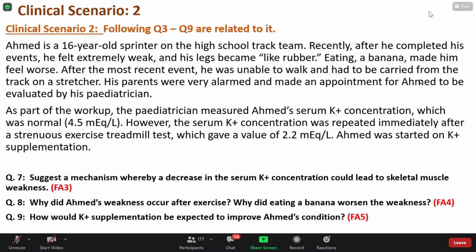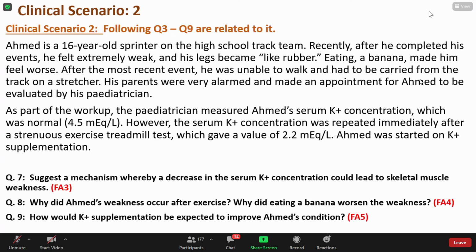Okay, so exercising causes the potassium to shift from intracellular to extracellular fluid, right? So usually after the exercise is done, the potassium reaccumulates inside the skeletal muscle, but because of the disorder it does not, so it exaggerated his... Okay, sorry, doctor, I'm nervous.